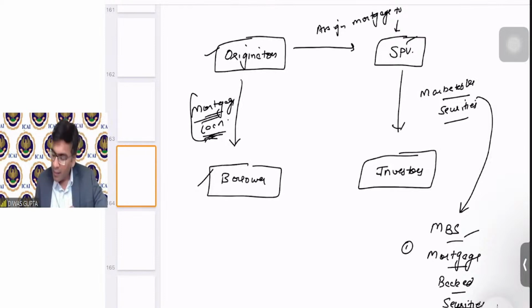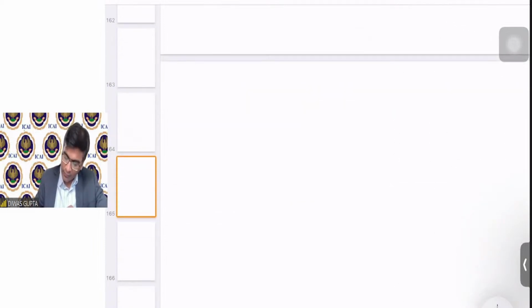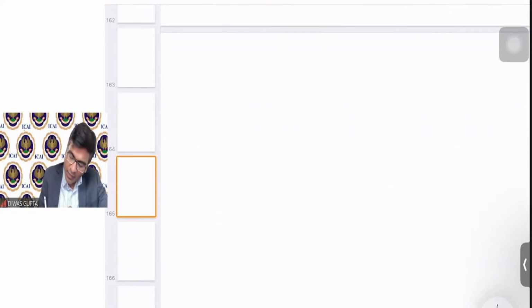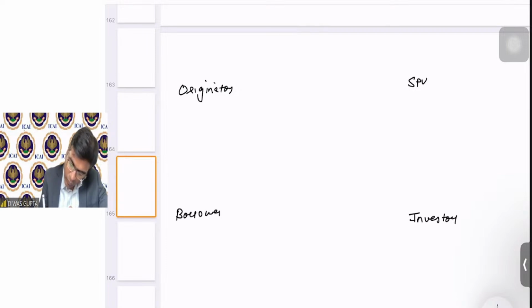Now, if you see these investors, what we have also discussed. Let me just make a clean chart actually. Originator, SPV, investor, borrower. We're talking about mortgage loans of how much?